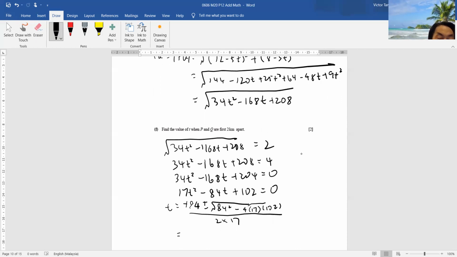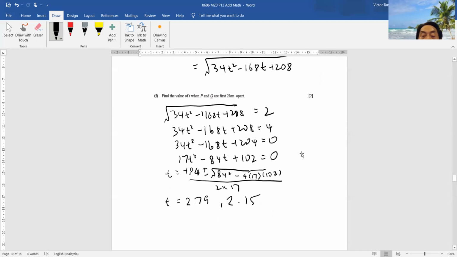So you will get 2.79 in 3 significant figures, and 2.15. They want to find the value of t when P and Q are first 2 kilometers apart. So this one is rejected, this is the second time. So t will be equal to 2.15. Okay.